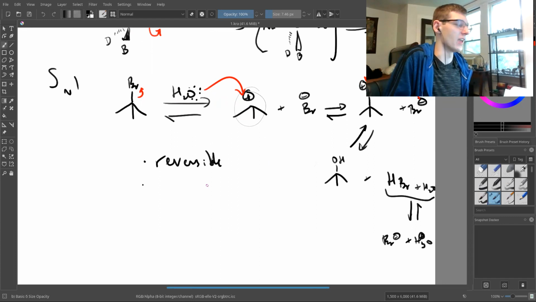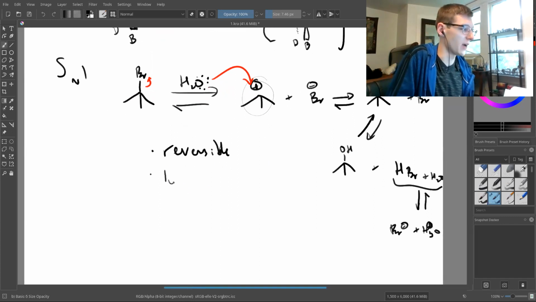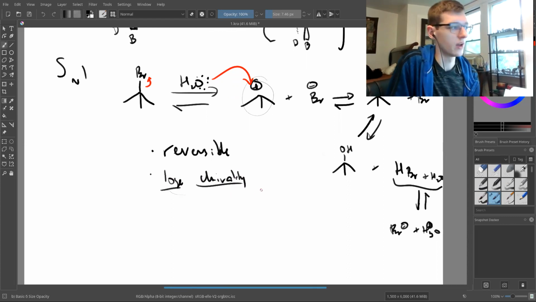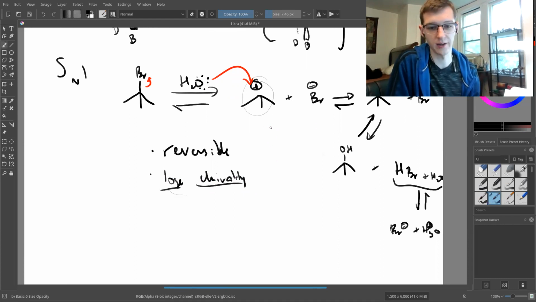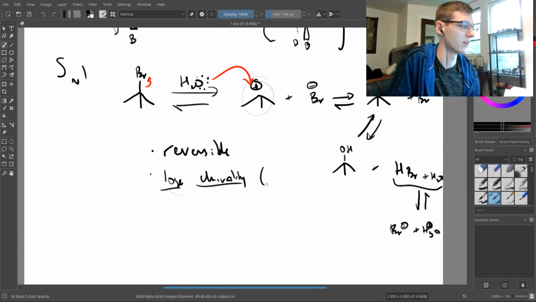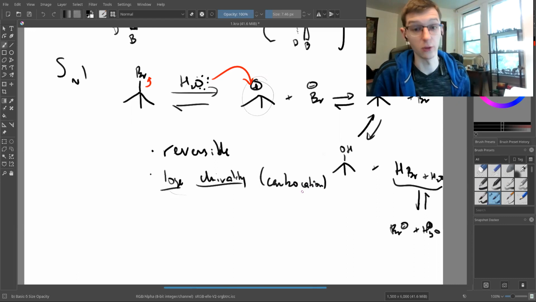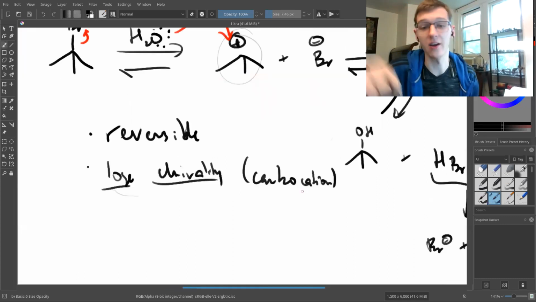But if it was chiral, you lose chirality. This is important because it happens because you go through a carbocation. Whenever you go through a carbocation, you're going to lose chirality, at least at that carbon.